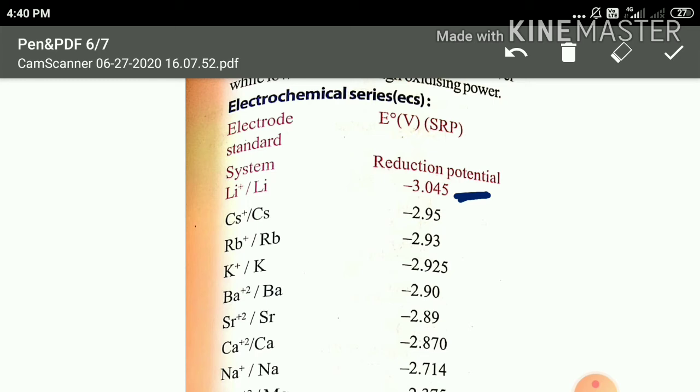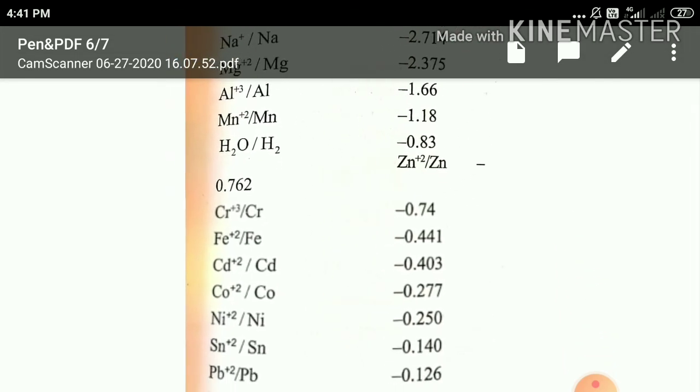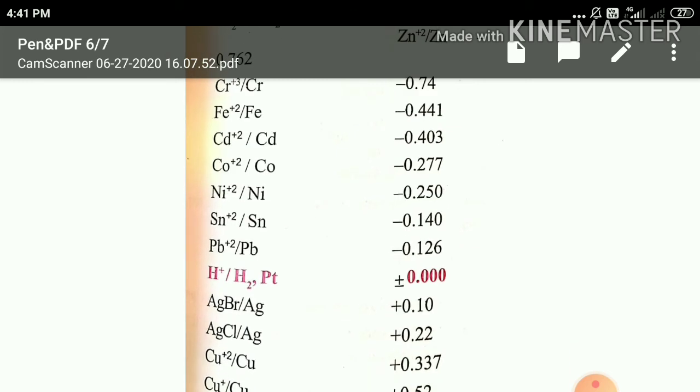If cesium ion is converted into cesium in this electrode, the standard reduction potential value is minus 2.95. For the rubidium electrode, it is minus 2.93. Like that, they have given different elements in the increasing order of their standard reduction potential values. For hydrogen, the standard reduction potential value is 0.